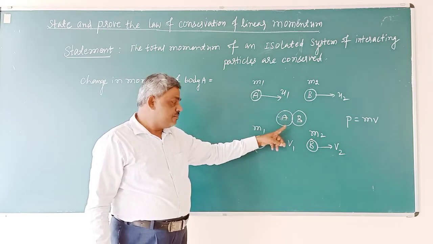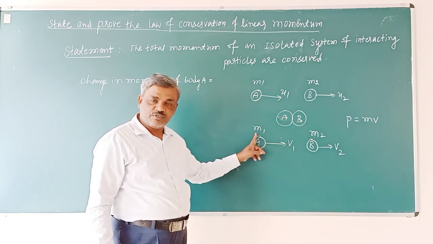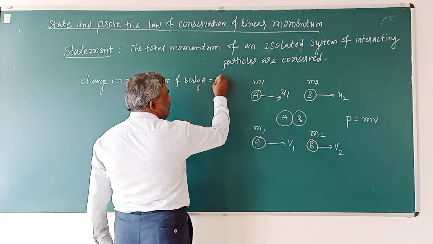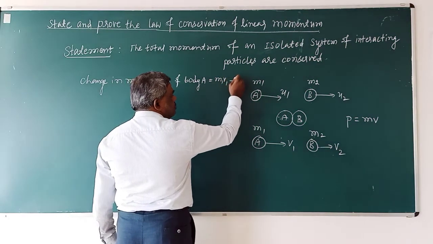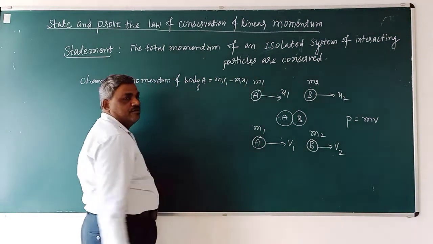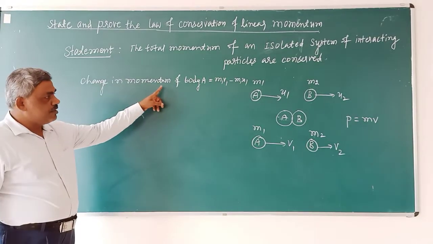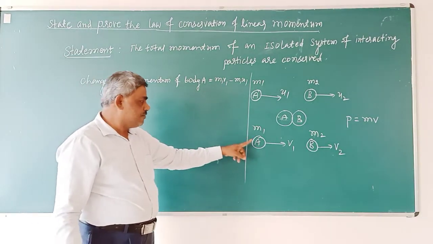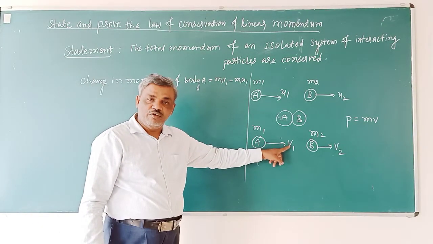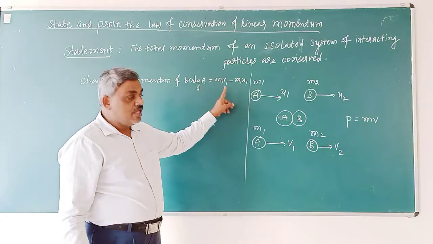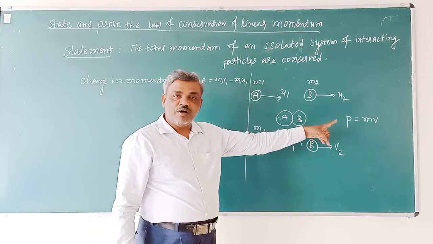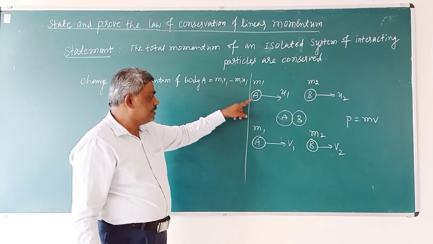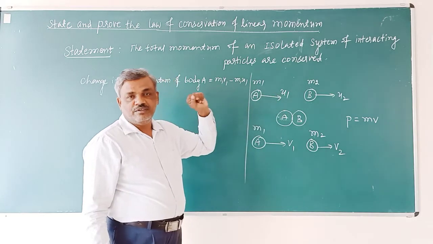After collision, the final velocity of the first body is v1, so the final momentum is m1 v1, according to the formula momentum equals mass into velocity. So the change in momentum is final momentum m1 v1 minus initial momentum m1 u1.